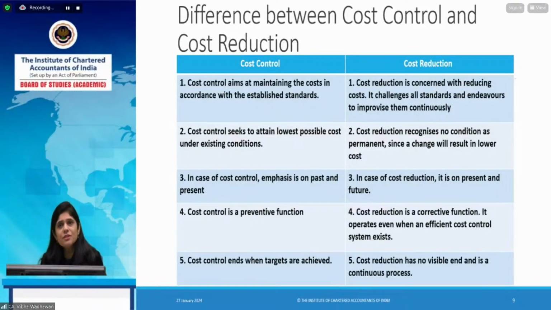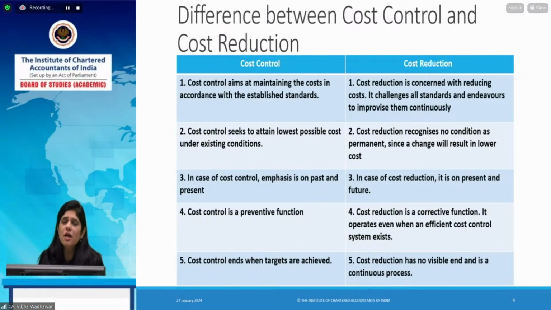Cost reduction is an independent exercise, a continuous one, finding a scope to lower the cost. There is no minimum cost in cost reduction. Even if you have achieved a cost per unit by reducing some activities, by eliminating some non-value added activities, still the research is going on how to further reduce it.